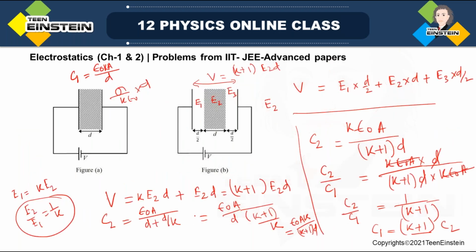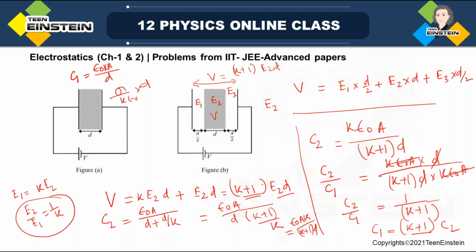Voltage is K plus 1 into E2 into D. E2 into D is the voltage in the dielectric material, which is actually unchanged.